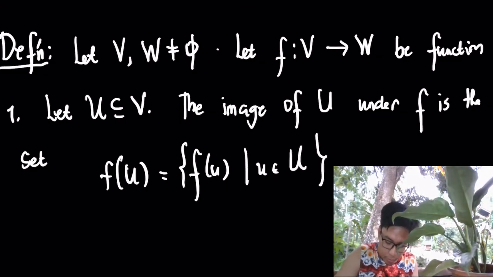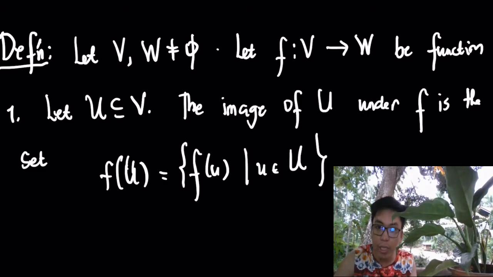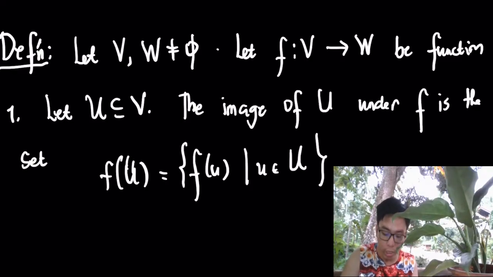This is a big U here and this is a small u. So your small u is coming from your big U. And remember, your big U is a subset of your V.